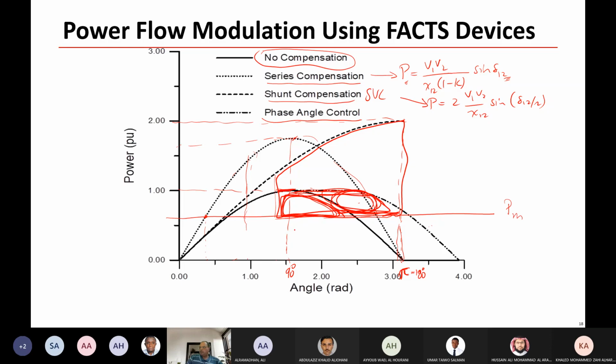This also becomes a deceleration area. So in conclusion, these FACTS devices enhance the stability margin by increasing the deceleration area. Of course, as a consequence, the critical clearing angle and critical clearing time will increase. So you can improve the system stability accordingly.